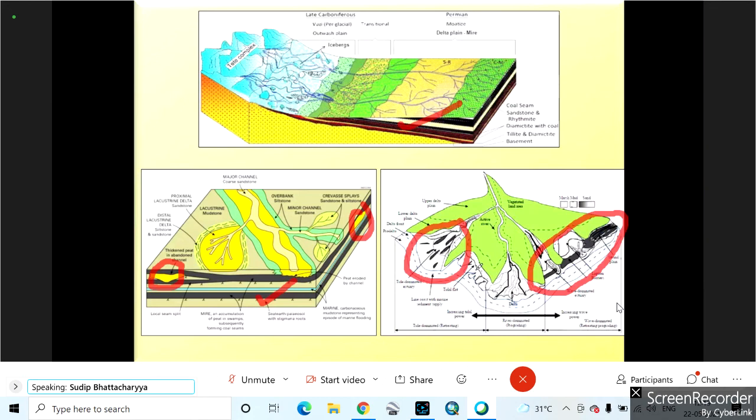They are not extending kilometer and kilometer. They are just digitized pattern and splitted pattern like this. So why? Because here we are getting in a lacustrine deposit. This is the distal part of a lake, and this is the proximal part of a lake, undisturbed and not much disturbed by your tectonic activity also. So the things are like this.